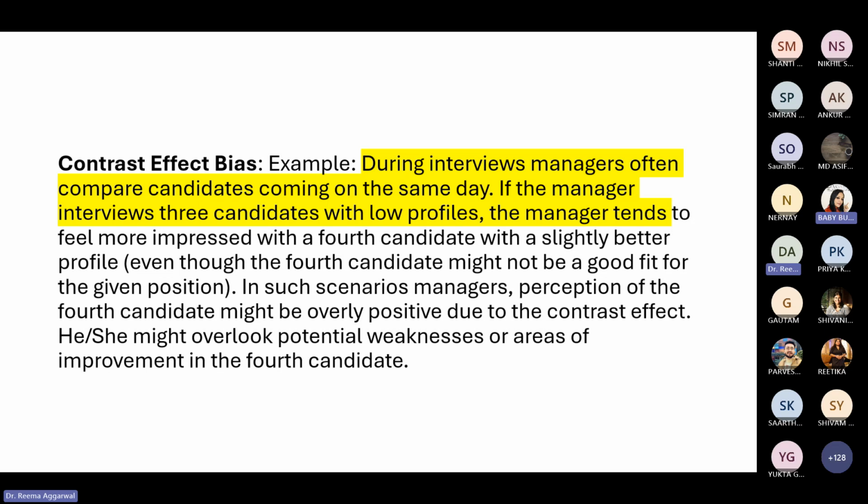I'm just trying to explain the bias. The bias is that you compare 4 people and pick one person. It is not that you know the person is not good and you are hiring him. No, your mind starts believing that this person is good, his communication skills are good, he will be able to do the work.